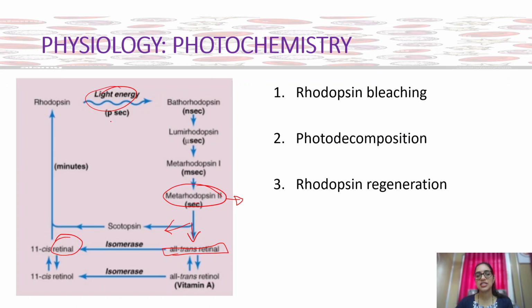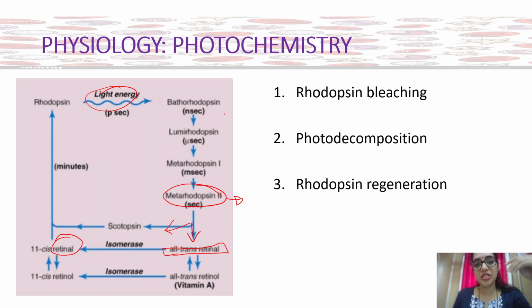As a result, electrotonic conduction is set up, which forms the basis of electric currents that are later transmitted through the optic nerve, optic chiasm, tract, and finally the visual cortex. So this is the way phototransduction occurs.